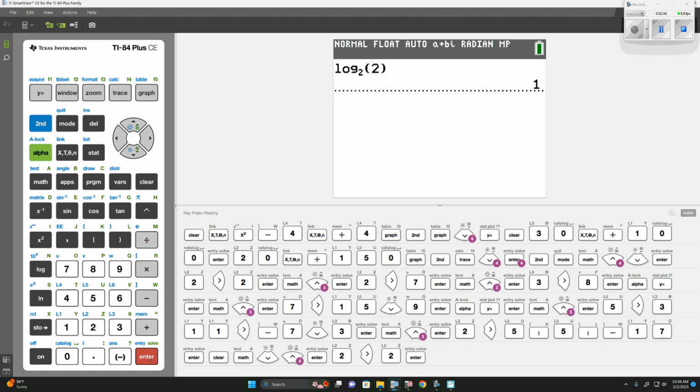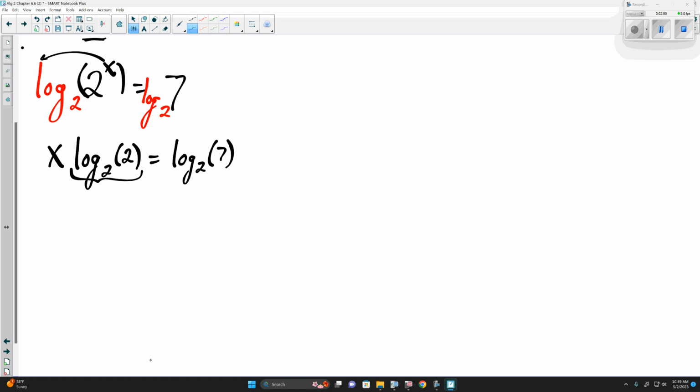Log base 2 of 2 is 1. So really what we have is x times 1, which is just going to be x.